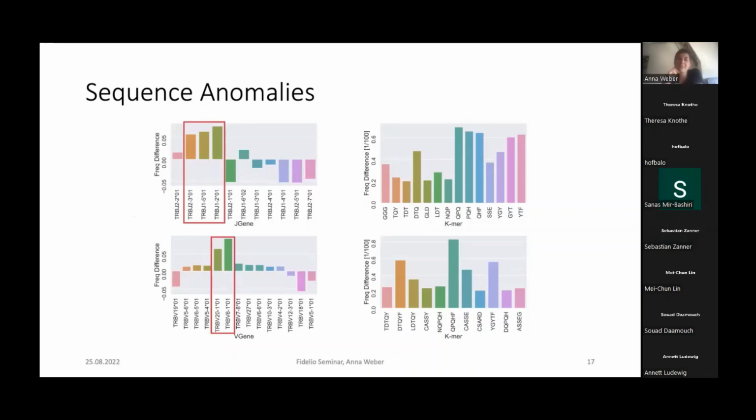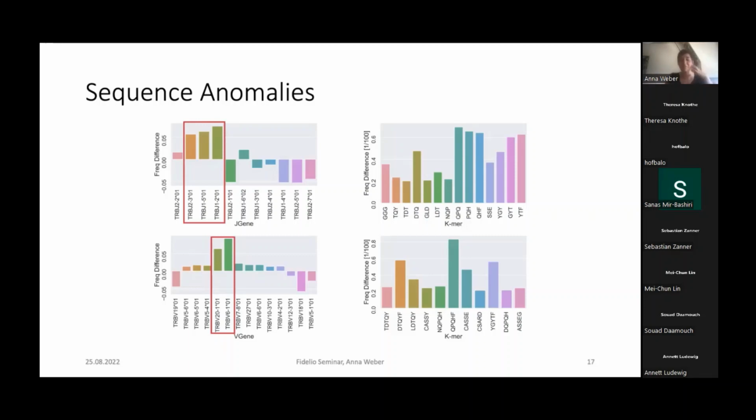Then I looked at whether we find other anomalies. For example, I checked whether certain V and J segments occur more or less often compared to the background. Here I used frequencies of these receptors in very large data sets, even larger than the control samples I used here. Some people have done extensive studies across millions of people to identify these frequencies.